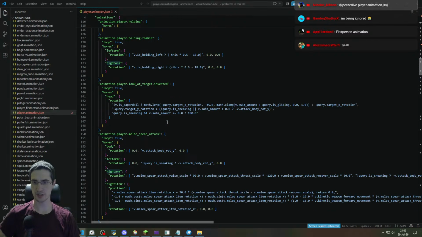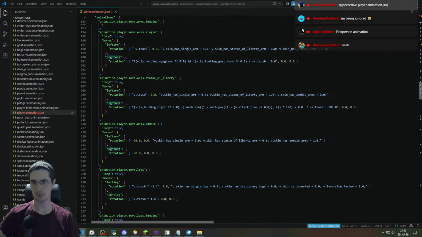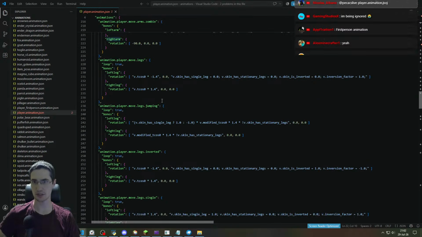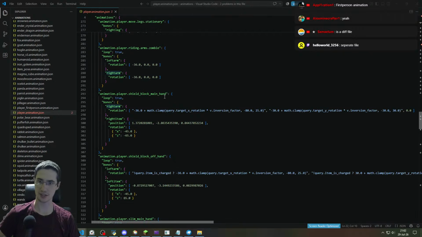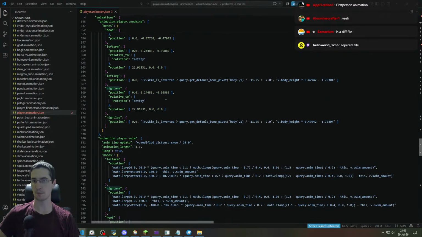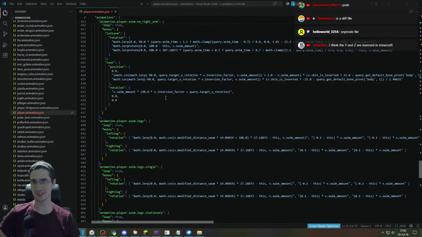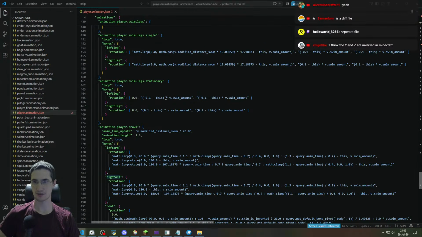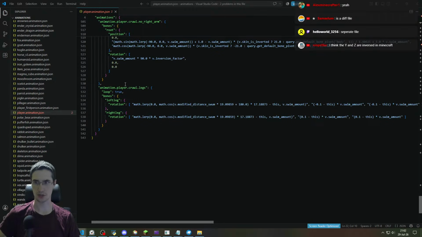Where would the first person animations be, chat? Move arms. Yeah, this is a much better one than the one in the GitHub Hello World sent. This, I think, has more information. Player swim. This is extremely useful, chat. Stationary. Okay, it's not here for sure. Different file, separate file.